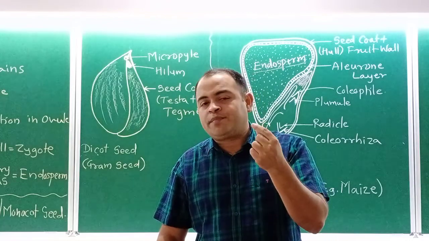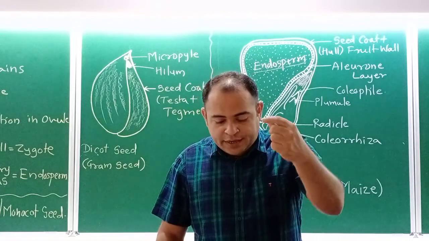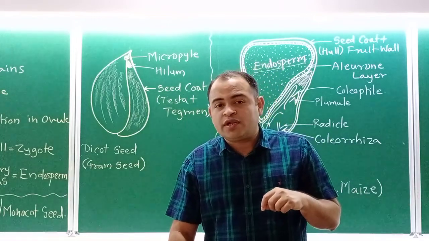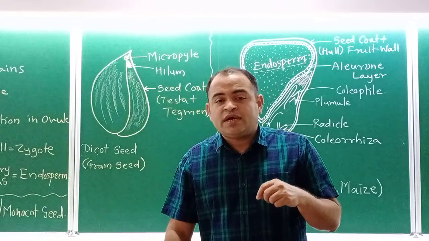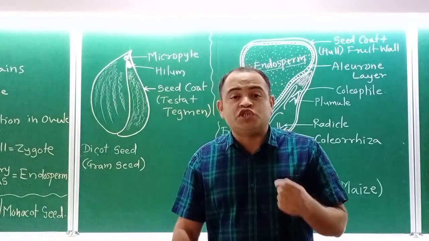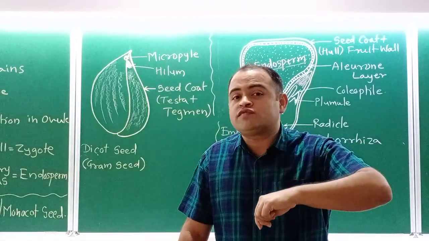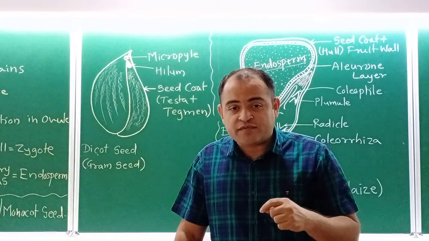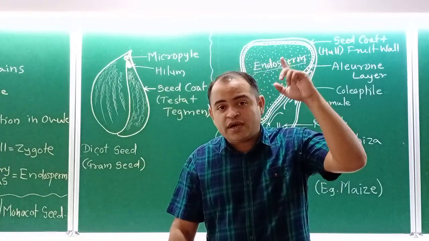The white part that comes out is the radicle, and it goes directly into the soil. It is the nature, the tendency, of the radicle to move in the direction of the soil. It goes deep down because it needs to establish itself to support the entire plant.